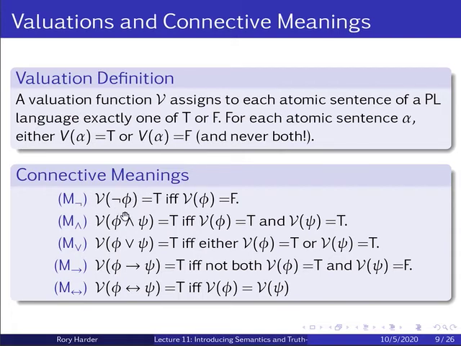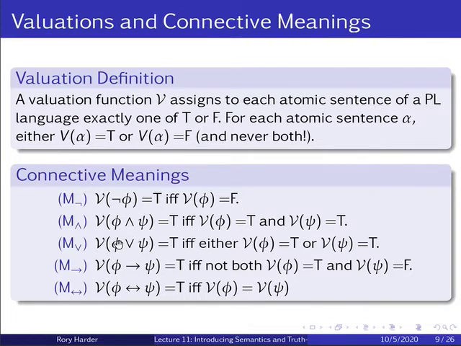So here we say that the valuation, or the truth value, assigned to a negation, a sentence of the form not phi, is assigned true just in case the phi part is assigned false.